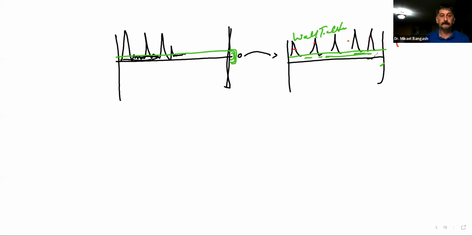Is that clear? Now, what we also said is that your wall filter could also eliminate what we call the end diastolic speeds.